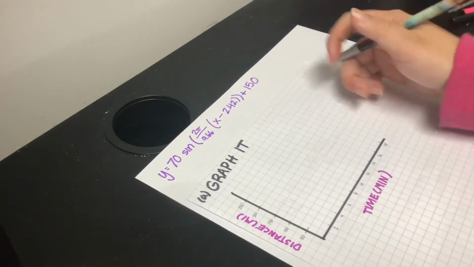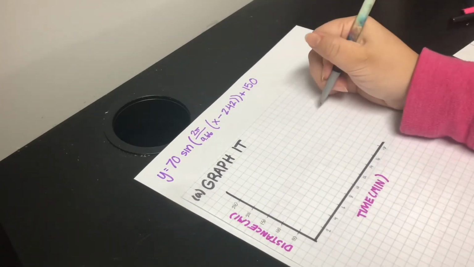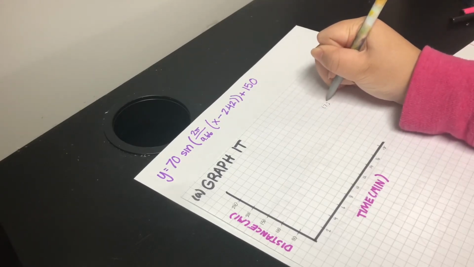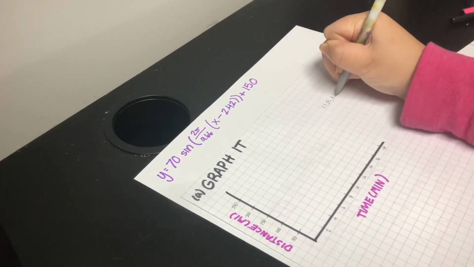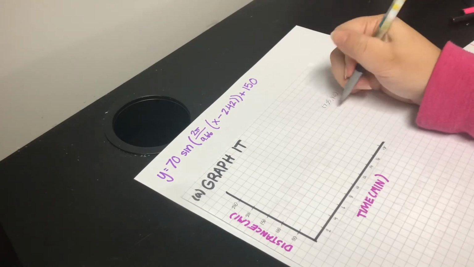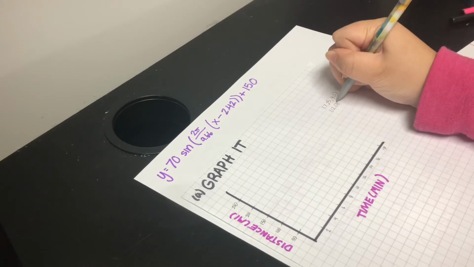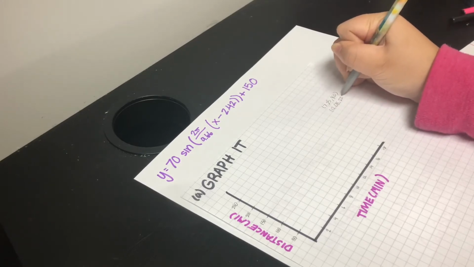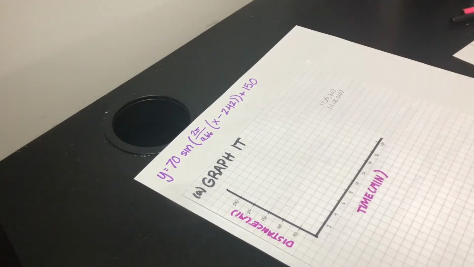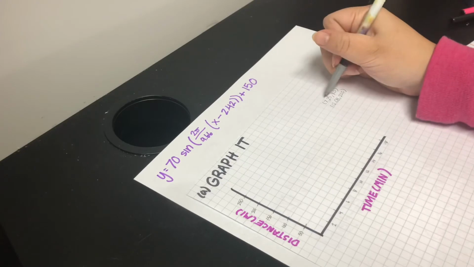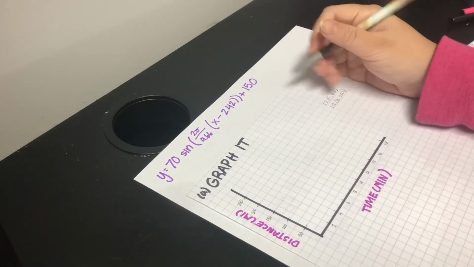And then from there we can start plotting our points. So first, we were already given the minimum, which is 7.25, 80, and then we were given the maximum, which is 12.08, 220. However, in order to graph the sine equation more accurately, we would have to find more points going up or down.